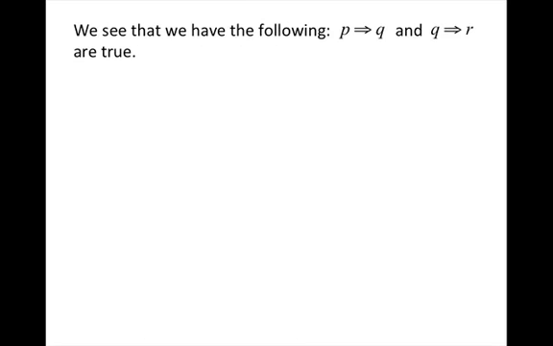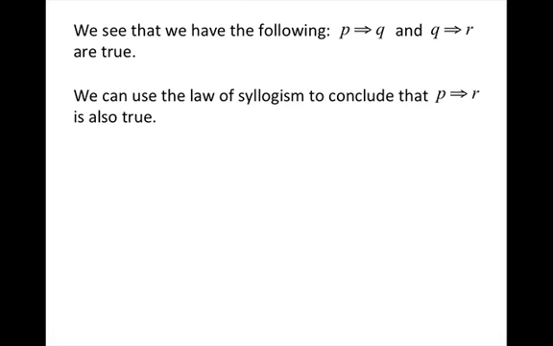We see that we have the following. We know that these are true because we were told they're true. P implies Q and Q implies R are both true. So I can apply the law of syllogism and drop out the Q's, and I'm left with P implies R. Based on the law of syllogism, I know that this is true also.